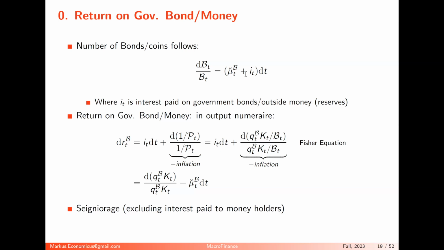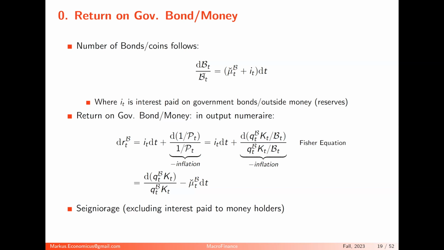The answer is that this mu check is mu B minus i, so I have to put it back in. I could have written it as mu B without the check. That's just a new issuance of bonds. Mu check is the number of bonds I issue beyond what I have to issue to pay off the interest rate I promised.